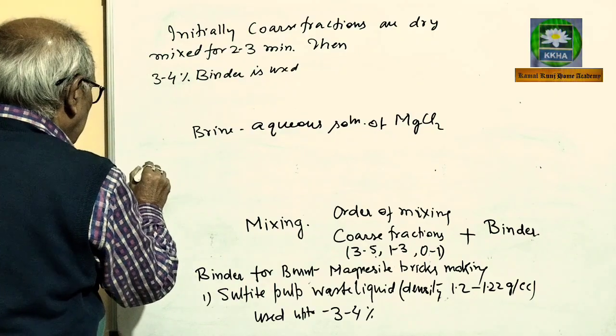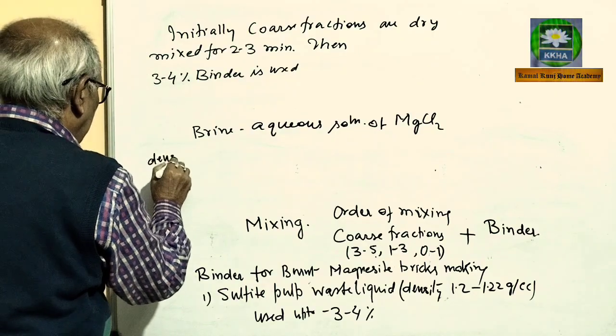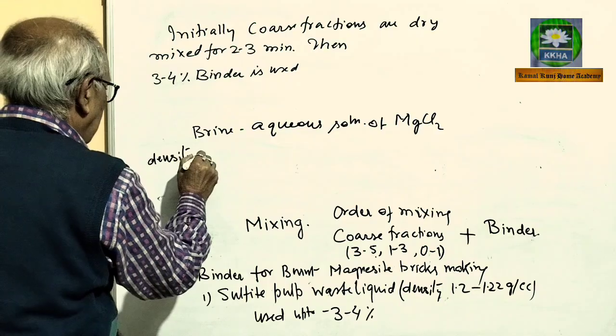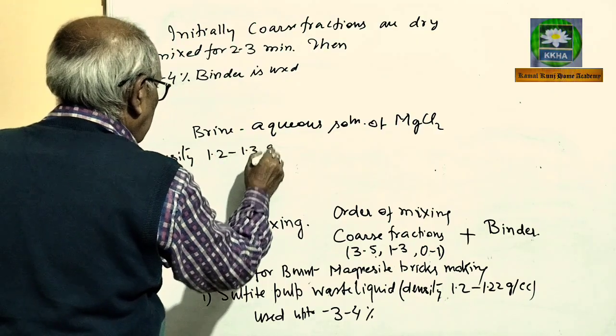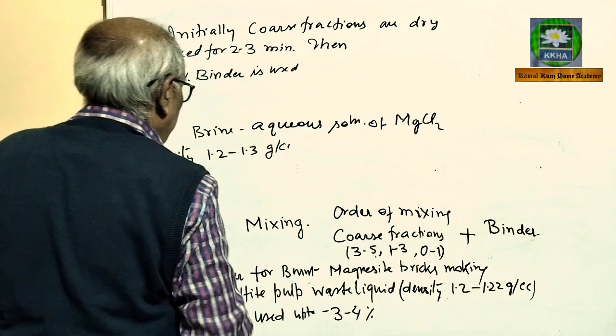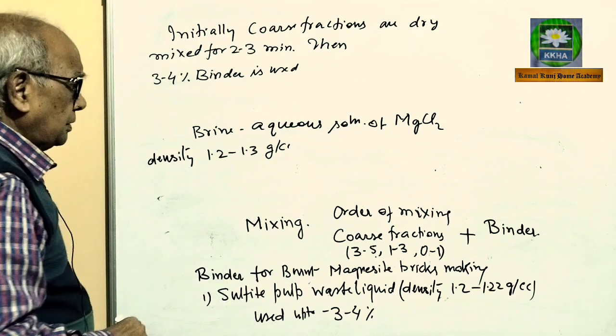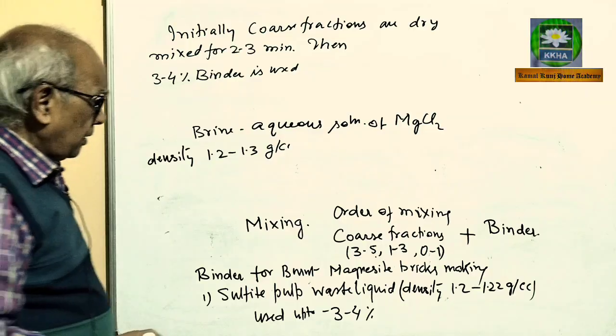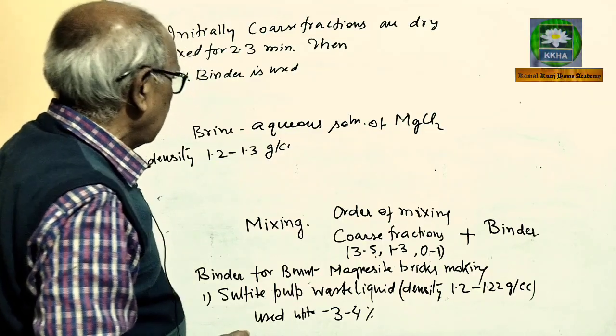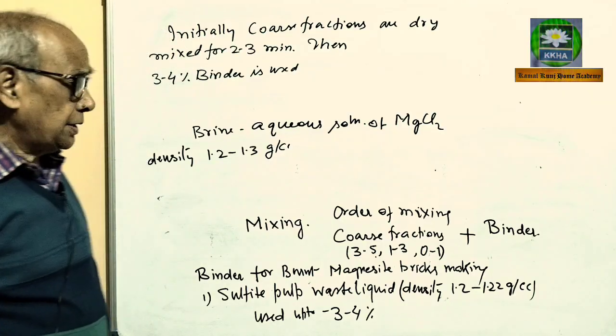Its density is maintained at 1.2 to 1.3 gram per cc. These two binders, either of these two, are used for making burnt magnesite bricks.